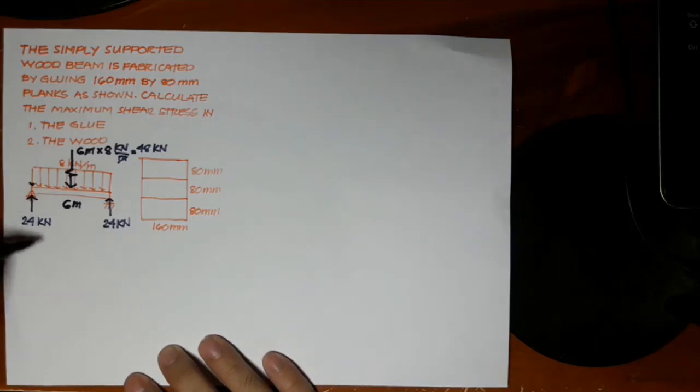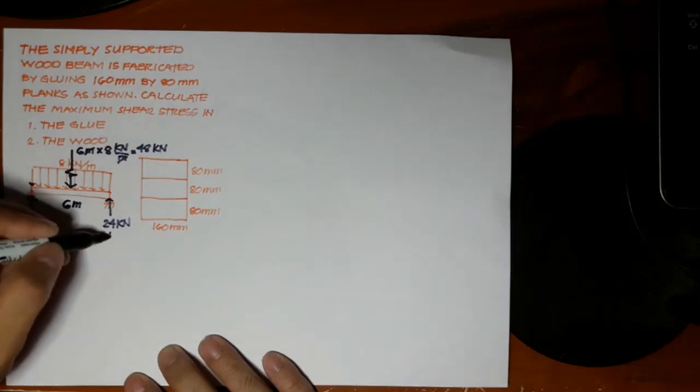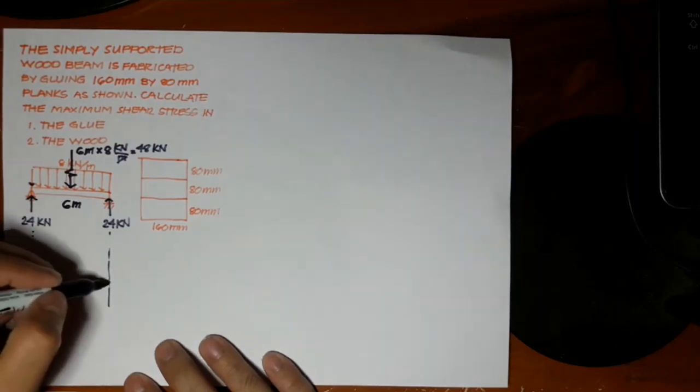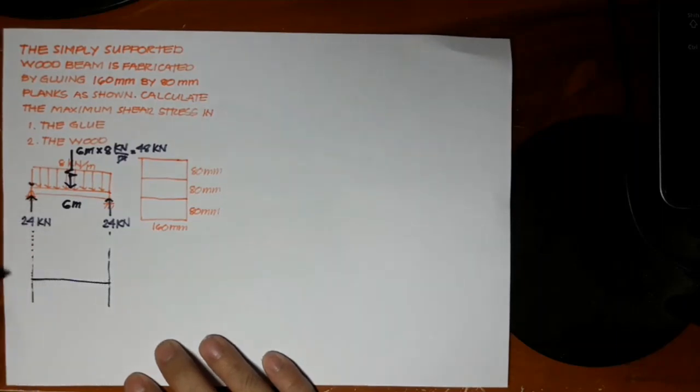At this point, we can now draw the shear diagram. 24 kilonewtons is directed upward. This is a concentrated load, so the shear diagram goes abruptly upward with a value of 24 kilonewtons.